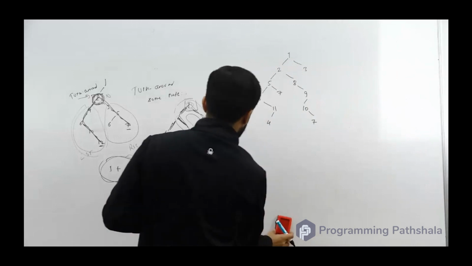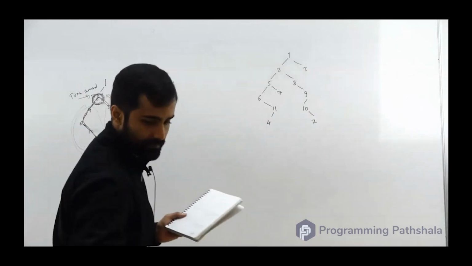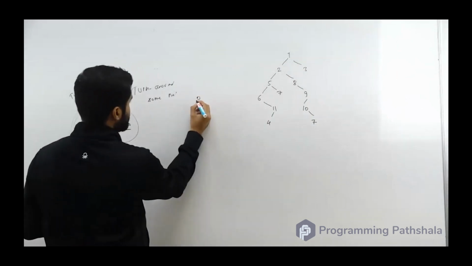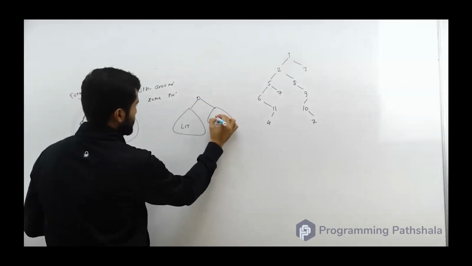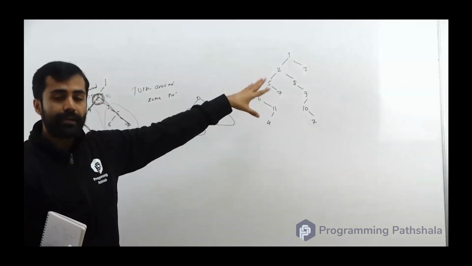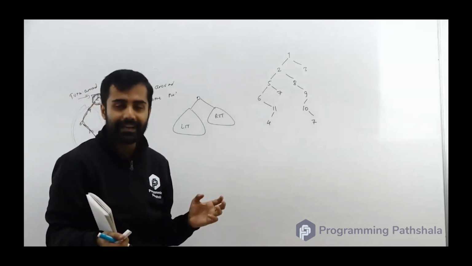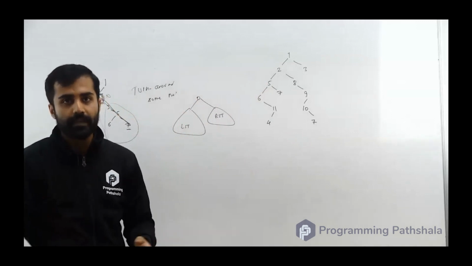Imagine there is a big tree. This is some tree. It has LST and it has RST. Whatever we will be writing will be written in terms of left subtree and right subtree again.